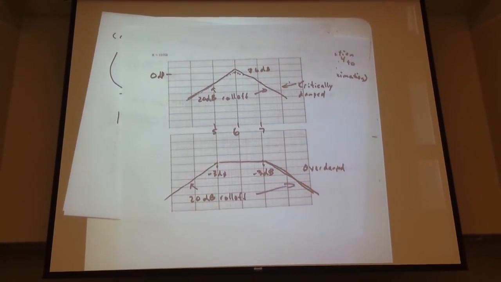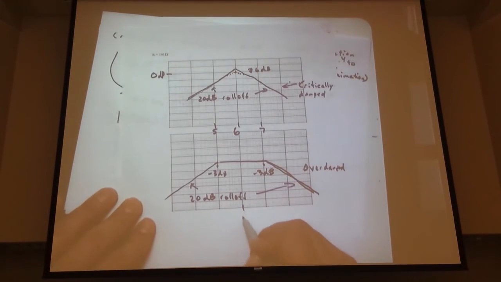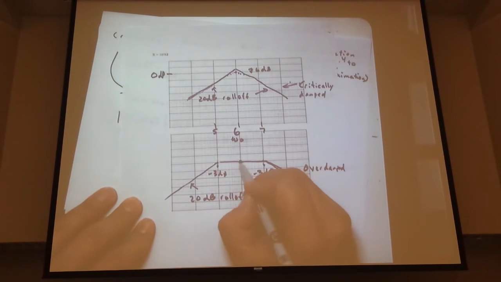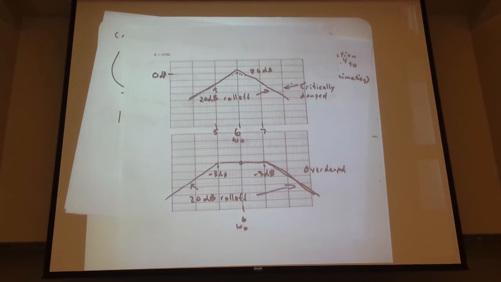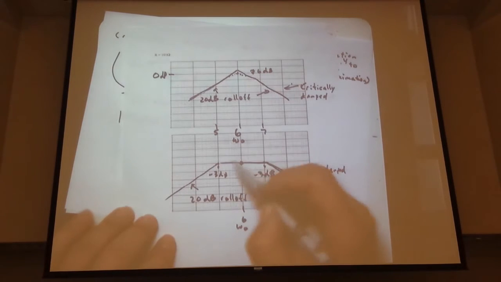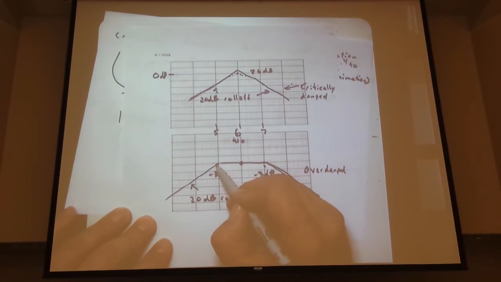We still have a resonant frequency of 10 to the 6th, that's omega naught, and so that's 0 dB right there. Again, that was independent of our damping.